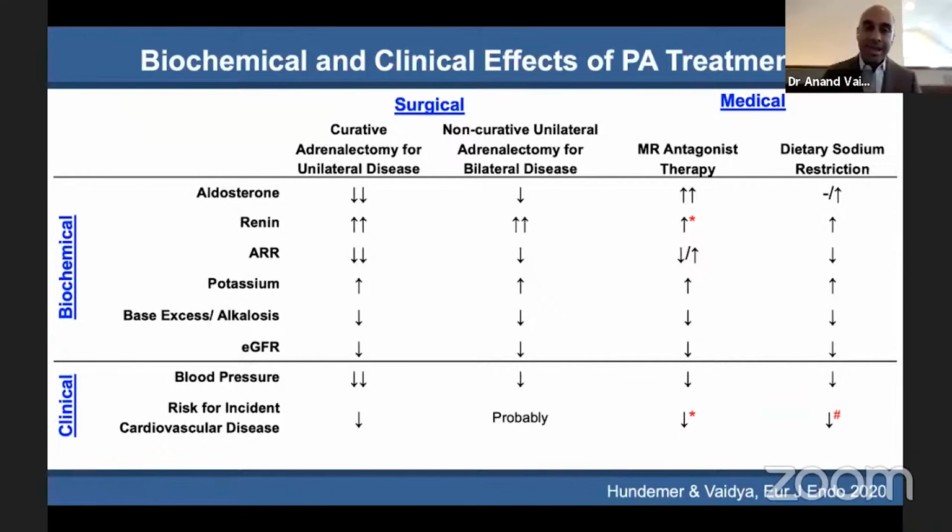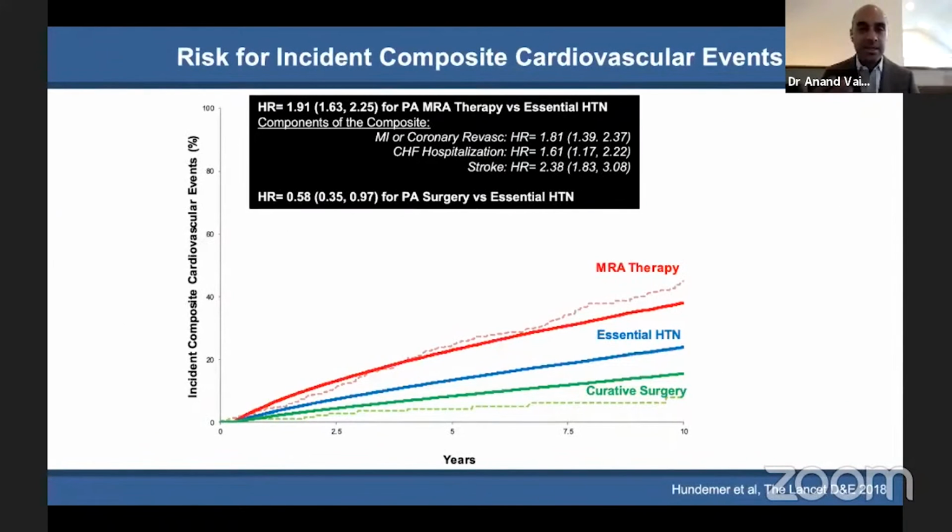So one of the key markers is not just blood pressure and potassium, but a rise in renin. And I emphasize this because in observational studies like this one that we've conducted, you see that renin can be an important biomarker. Here are patients with primary aldosteronism who are treated with mineralocorticoid receptor antagonists or curative surgery compared to essential hypertensives who do not have primary aldosteronism.